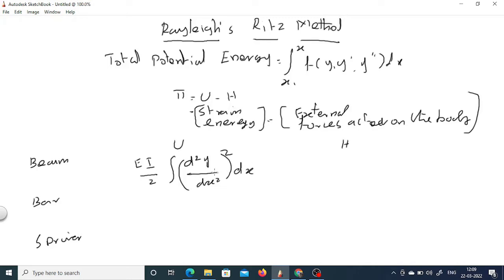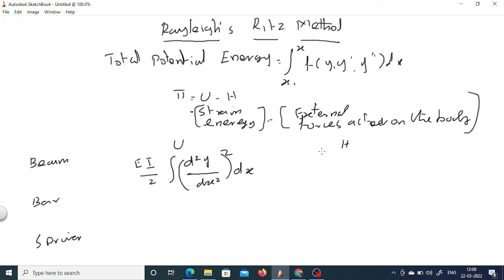The beam problem has external force also. In that, how can we identify the external force?